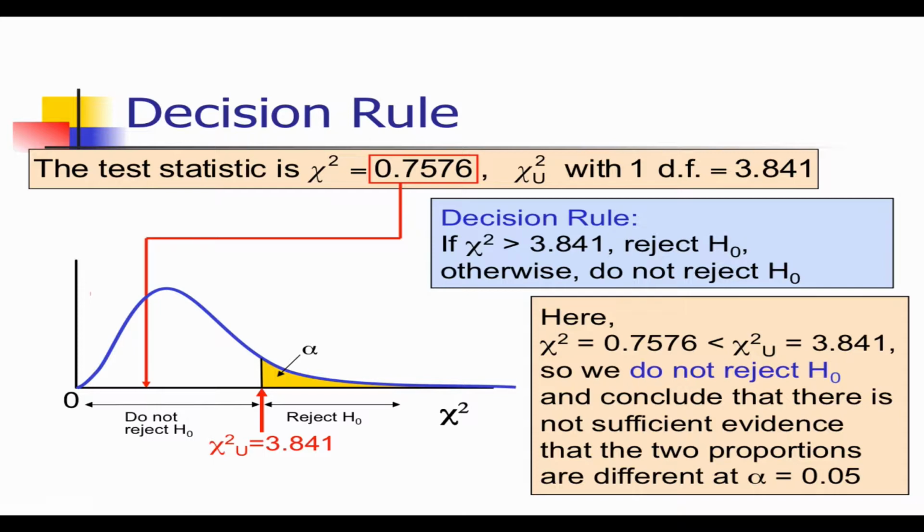Or we can say that we do not have evidence that hand preference is dependent on gender. Or you can also say that from this data, we conclude that hand preference is independent of gender. All those ways are essentially telling you that the proportion of left-handedness is the same between females and males.